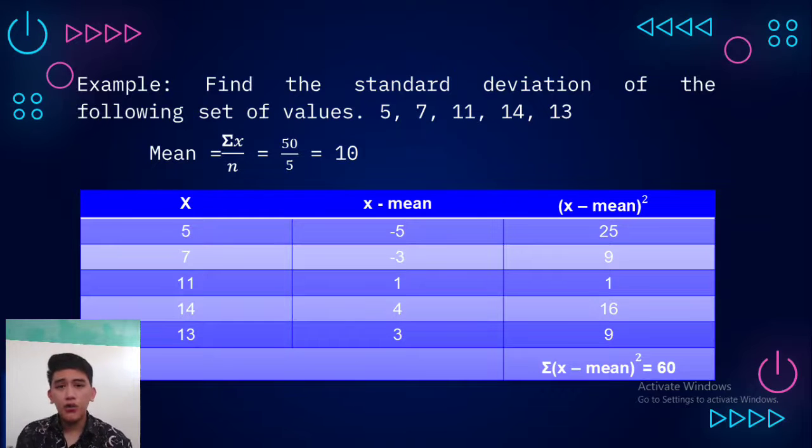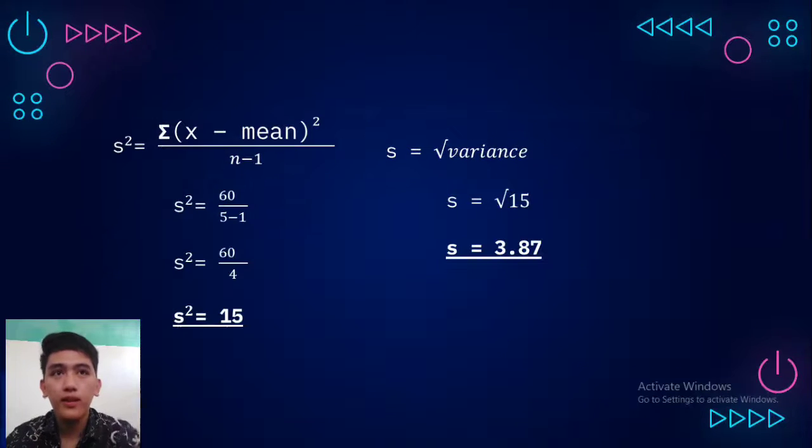Okay, pagkatapos nating mailagay ito sa table, proceed na tayo sa formula ng variance para mas mapadali tayo. Okay, formula of variance is s squared is equal to the summation of the quantity of x minus mean squared over n minus 1. Yun, yung nakalagay natin sa table is, ito na yung nasa formula.